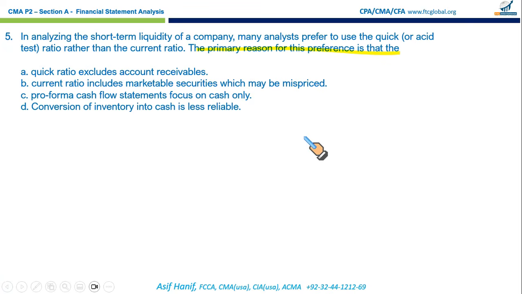Let's see. A, it says quick ratio excludes account receivables. This is a completely ridiculous option. Account receivables are accounted for both in quick and current ratio. What is the basic difference between current ratio and quick ratio? In current ratio, we take all the current assets over current liabilities.